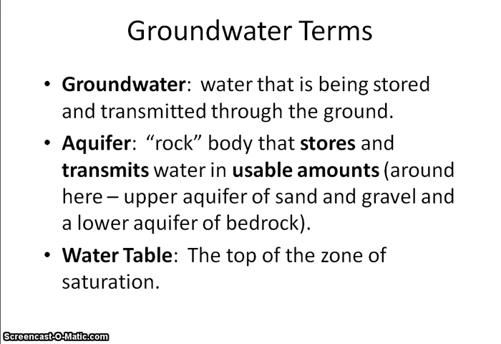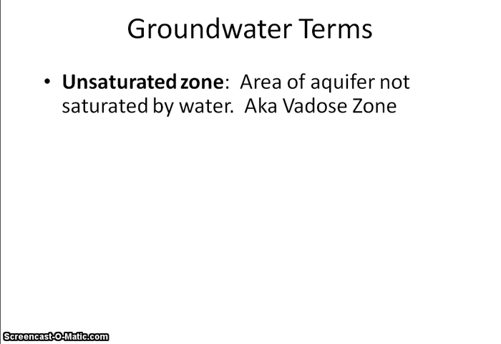Now the water table is the top of the saturation zone, or saturated zone. We're going to give you two more terms, and then I'm going to show you what these look like. Unsaturated zone is the area of an aquifer that's non-saturated. This does not have damp or wet water in it. It's actually relatively dry. Some books and some people will call this the vadose zone. That's just for your information, if you come across that term.